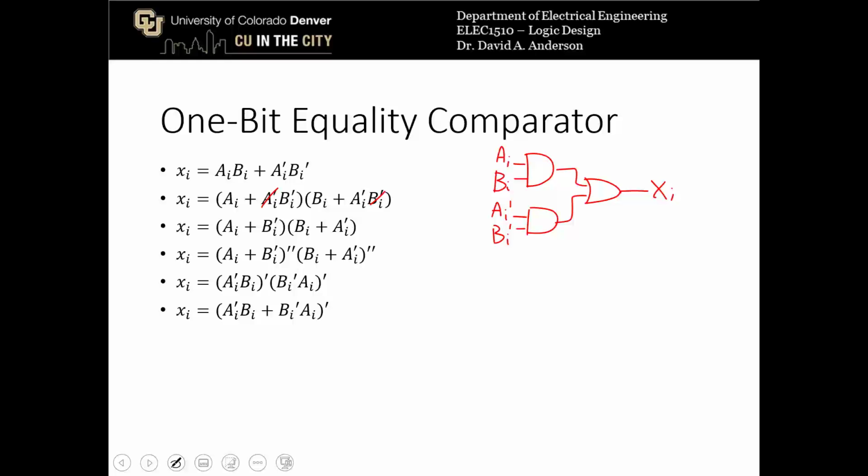So in order to construct the XNOR circuit, we take A sub I and B sub I. Into the first AND gate, we have A sub I prime, so we're going to negate that, as well as B sub I. Into the second AND gate, we have B sub I prime and A sub I. Now these outputs from the AND gates enter a NOR gate.